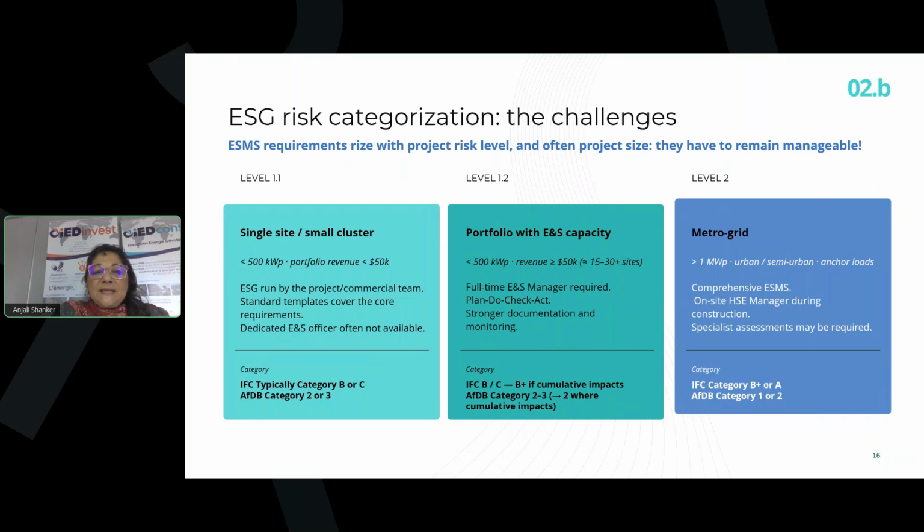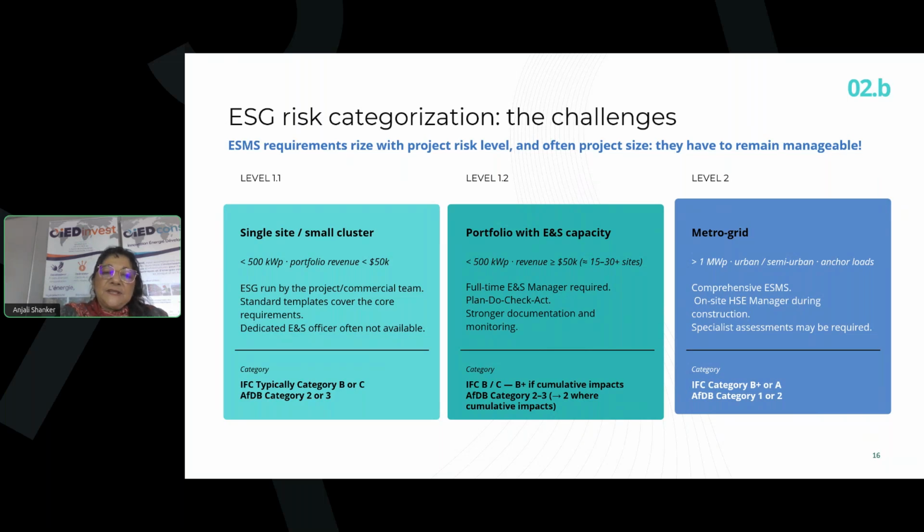So in this case, the ESG has to be run by the project team and the commercial team in the field. It seems difficult to imagine that one could have a specialist basically implementing all the ESG requirements. And this is the reason why we need standard templates to cover the core requirements.